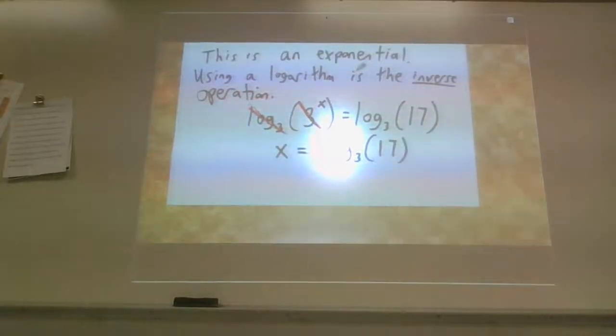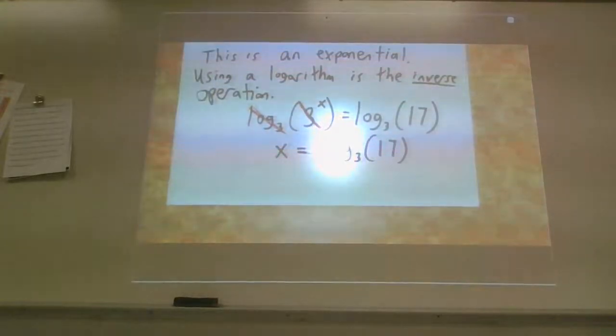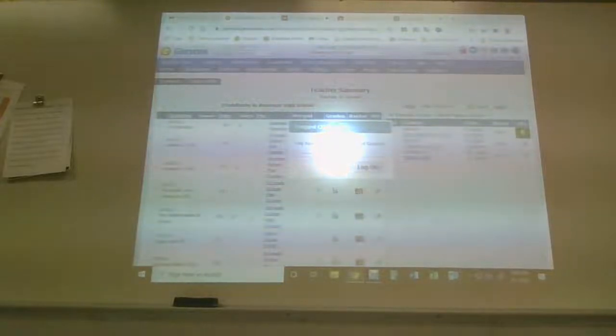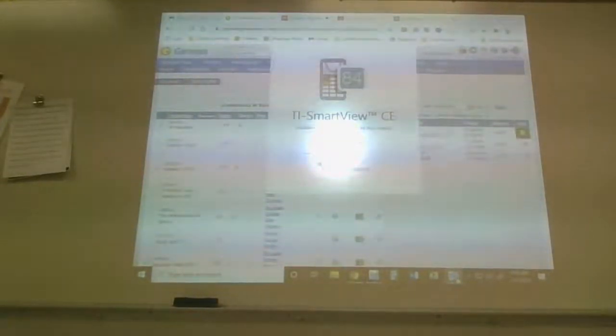That's the only thing we have to do now. I'm going to show you multiple ways of getting that done, depending on the calculator that you have. So first, if I were to go to my graphing calculator on my Chromebook, which a lot of you have, obviously not a big deal, you don't have to break this out now.